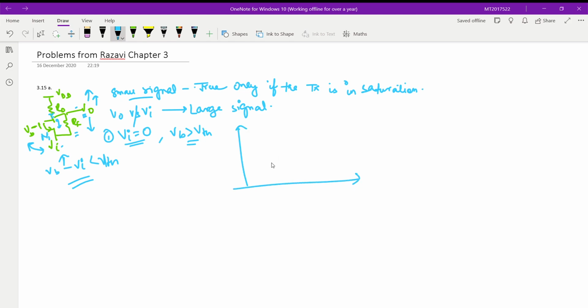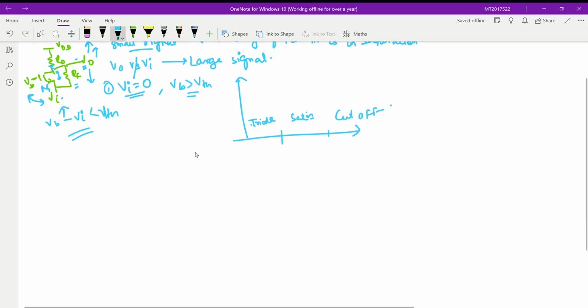So our transistor will start in triode region, then it will go to saturation as you keep on increasing VI, and then it will cut off, right?